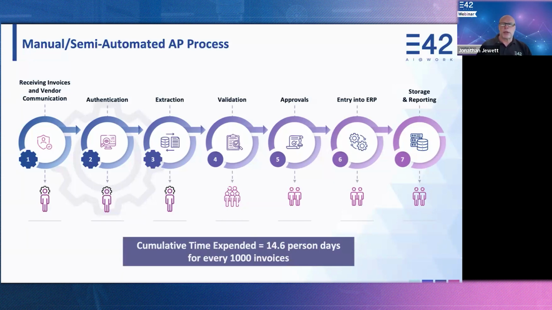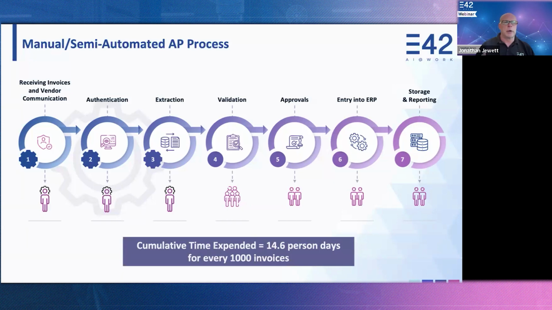From an extraction standpoint, this is where the automation technology is most often applied, in taking these documents that you're receiving and getting the data out and into a usable format. So again, with current automation, that can happen. It's better than a manual process when you have some form of automation, but still maybe not at the level that it should or could be.